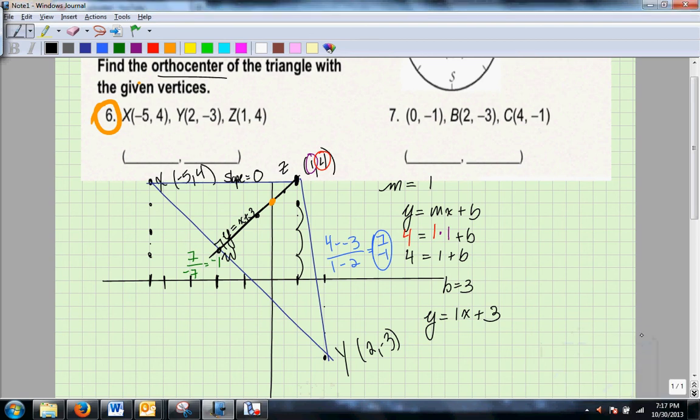Okay, what you're probably noticing here is that we have an obtuse triangle, which you need to understand that when you draw the altitude either from x or y, the altitude is technically, in this case, going to go outside the triangle. So here, we were over 3, over 2, and down 3. 1, 2, and 3.